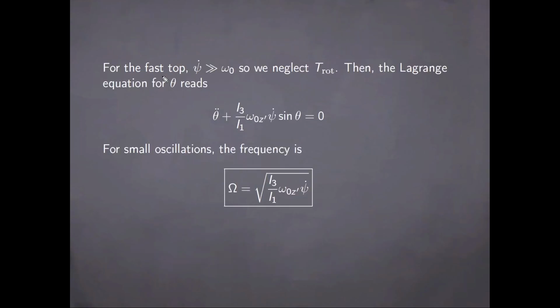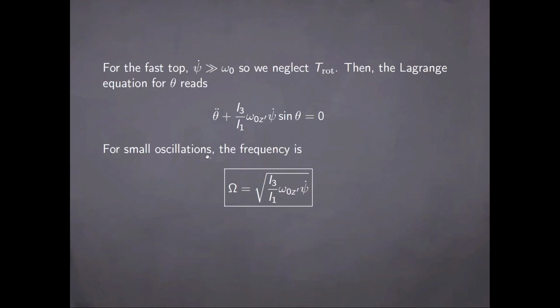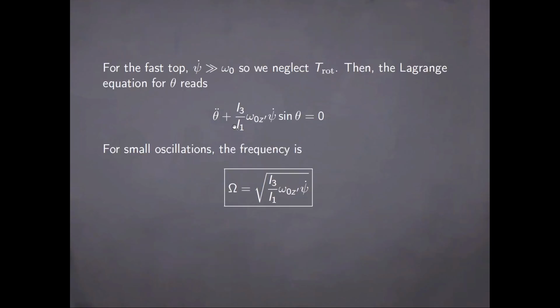Now, the idea is that since the top is fast, its spin frequency is much faster than omega 0. So in that case, we simply neglect this rotational term, and then for the remaining Lagrangian, if we look at the equation for the variable theta, it simply reads as shown here.